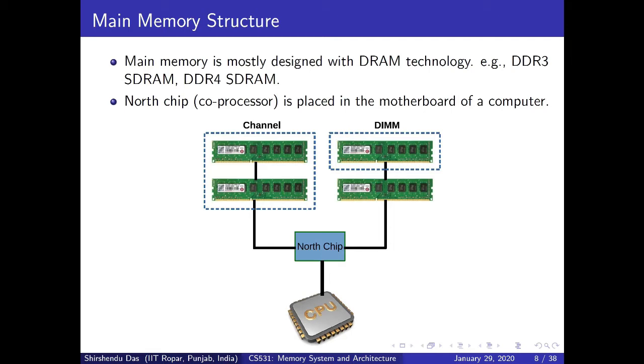This is also why RAM is called off-chip memory: it is placed in the motherboard outside the CPU, not inside it. But cache memory is placed inside the CPU, that's why cache memory is called on-chip memory.